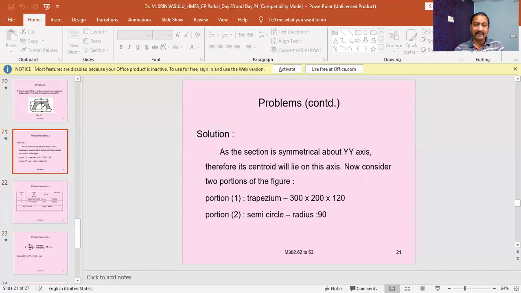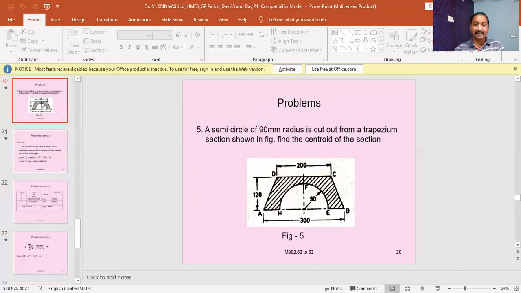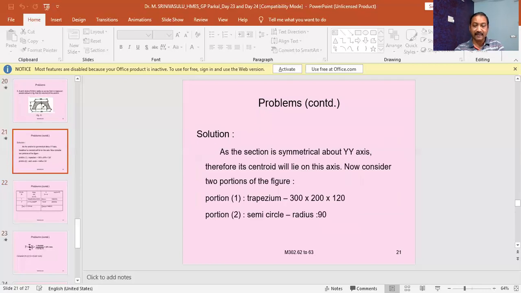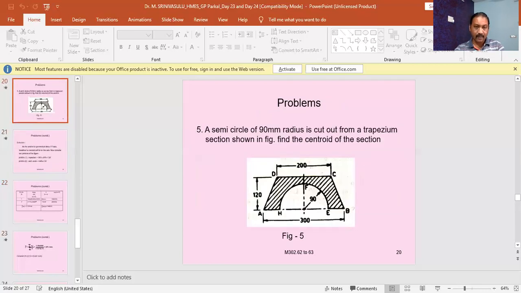The second figure is a semicircle. The area is equal to pi r square by 2, and it is shown in negative because we have to subtract. Coming to the y2, that is the y coordinate: the semicircle part 2 is again symmetrical about the y-axis and lies on the y-axis.